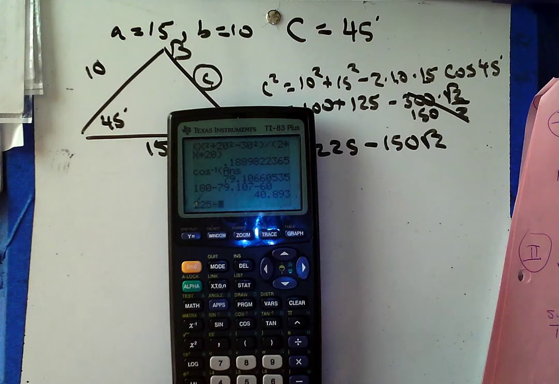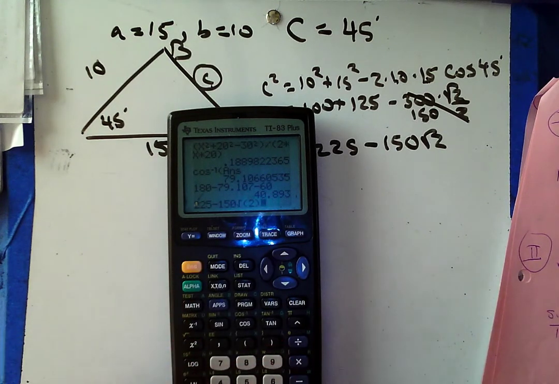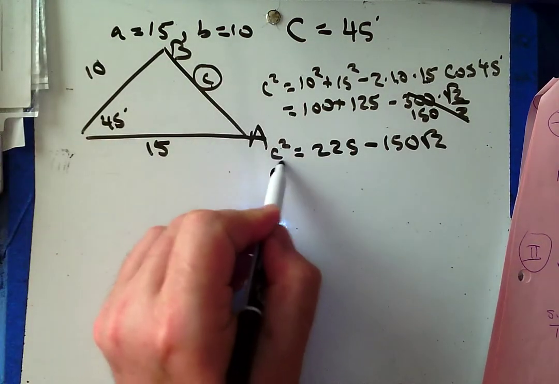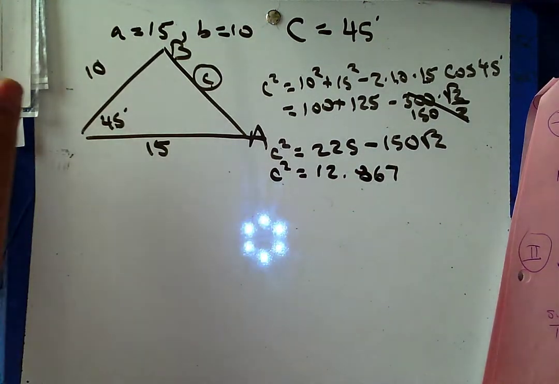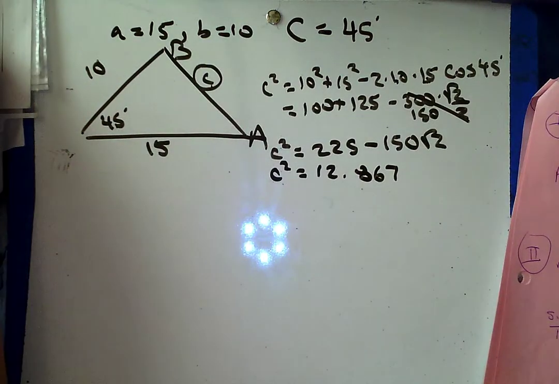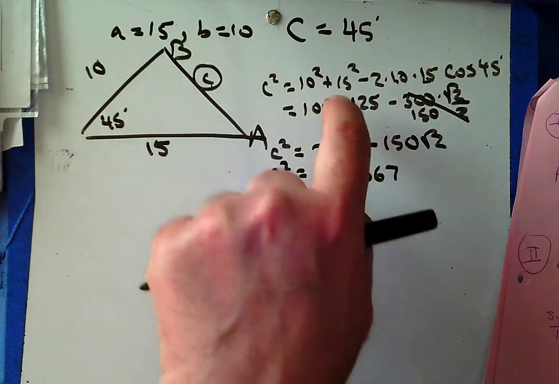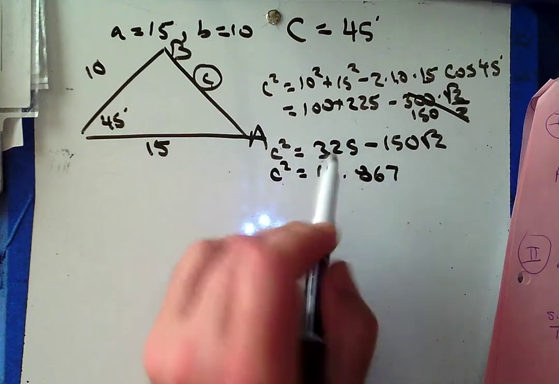Let's see. 225 minus 150 square root of 2. Oh, that's 225. My bad. So this is 325.